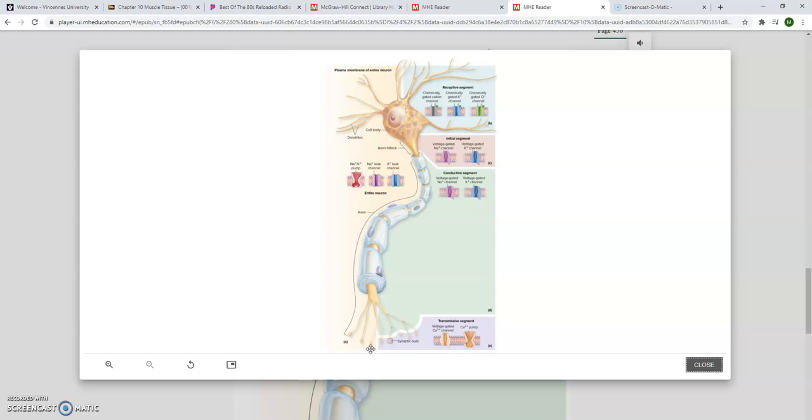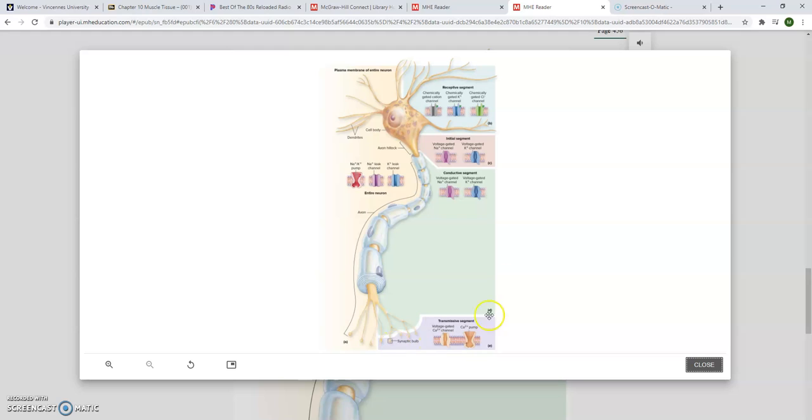When you get to the very end of the axon, you'll notice that it branches out, and at the end of each of those branches is a little bulb. They'll call it a synaptic bulb. Sometimes they'll also call it an axon terminal because it's at the end of the axon. We'll talk a little bit more about the synapse part, and why it's called a synaptic bulb.